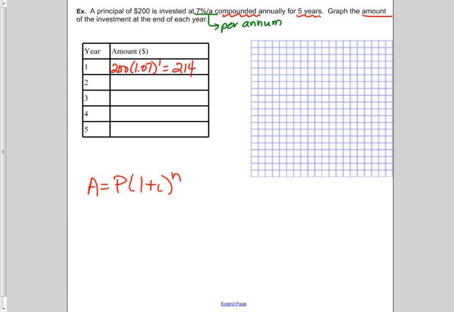Let's say you decide to leave it in for another year. 200, 1.07 to the 2, $228.98. So we're looking at the amount, if you leave it in over the course of these 5 years, we should see exponential growth.